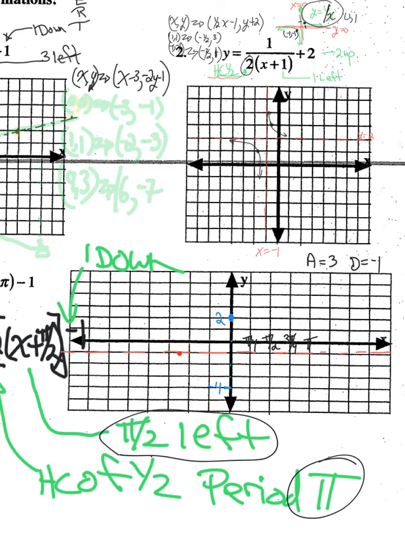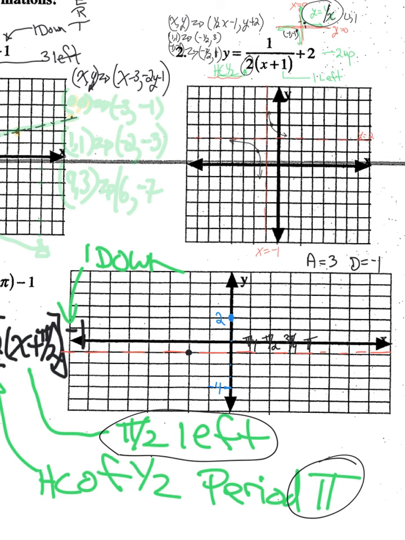A negative sign starts at the center and goes down to the bottom. So we're going to graph a negative sign. So it is starting at the center on the central axis, π/2 to the left. It's starting here.